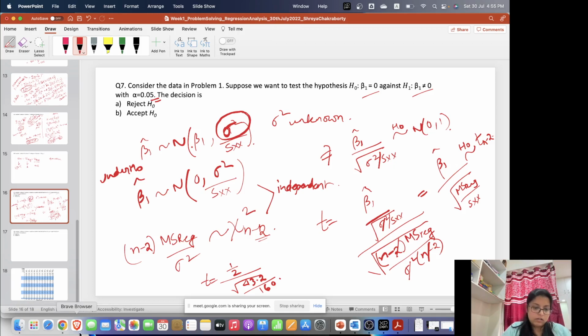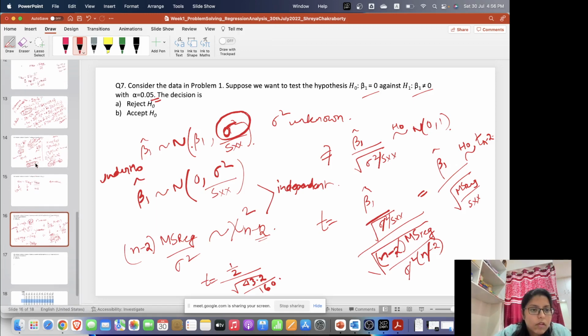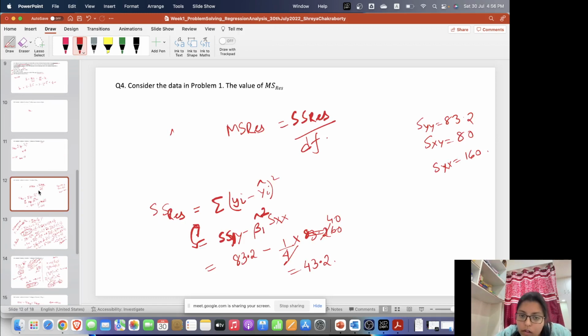Anybody calculate? Is 43.2 mean square or sum of squares? Oh, sorry, sum of squares. So mean square was how much? 43.2 upon 18. 43.2 by 18. Yes, this one.